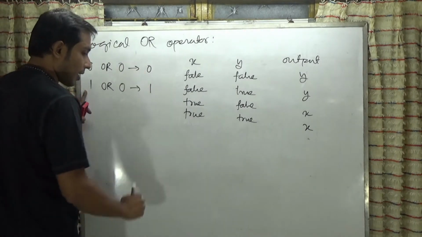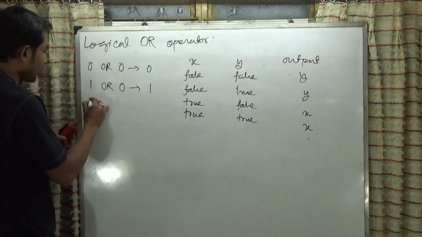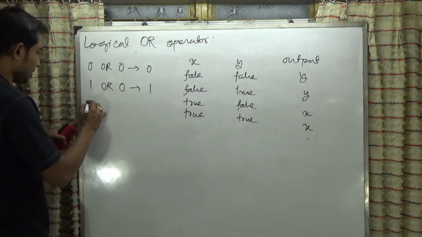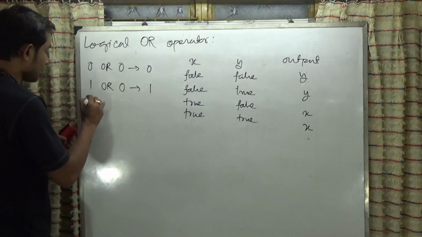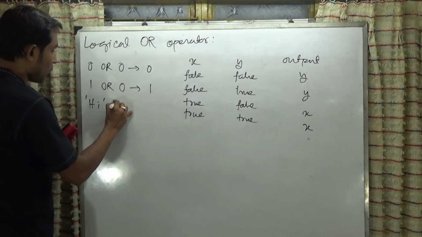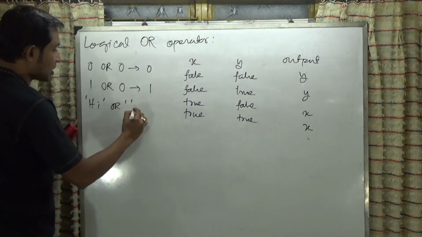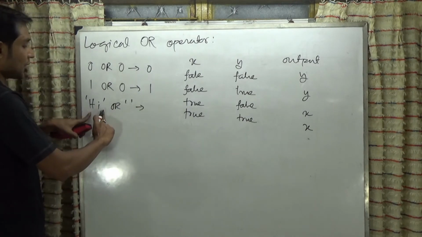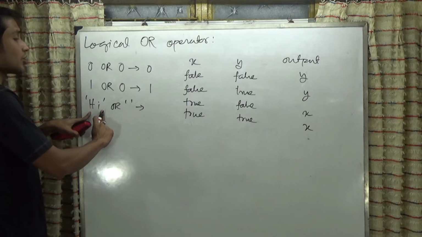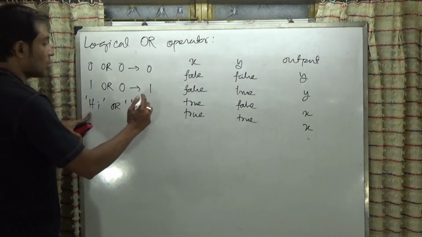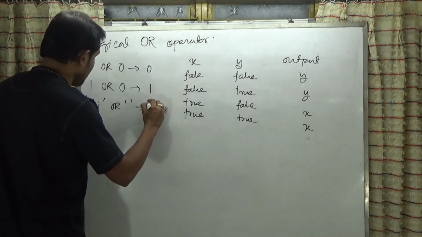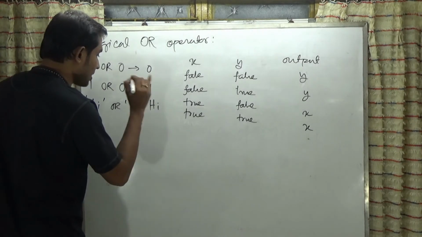Suppose I check 'hi' or with a single inverted comma (an empty string). As the first one's truth value is true and this one is false, it returns x, that means 'hi'.